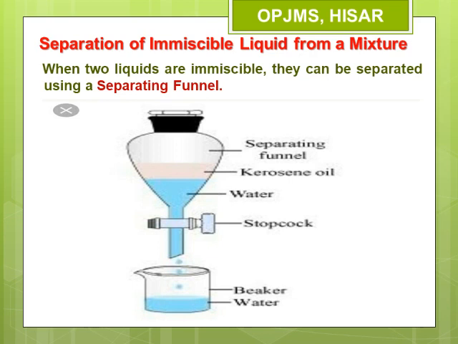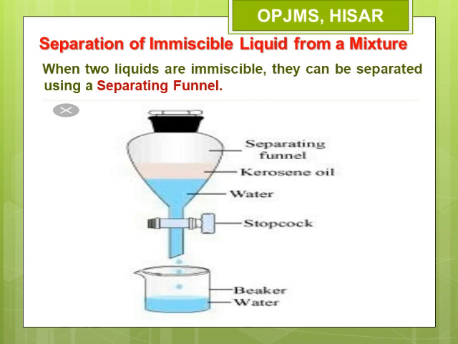When two liquids are immiscible, they can be very easily separated using a separating funnel. Remember the separating funnel? We did this in the lab activity video. In this activity, we pour the mixture of two immiscible liquids, say kerosene oil and water, in a separating funnel.